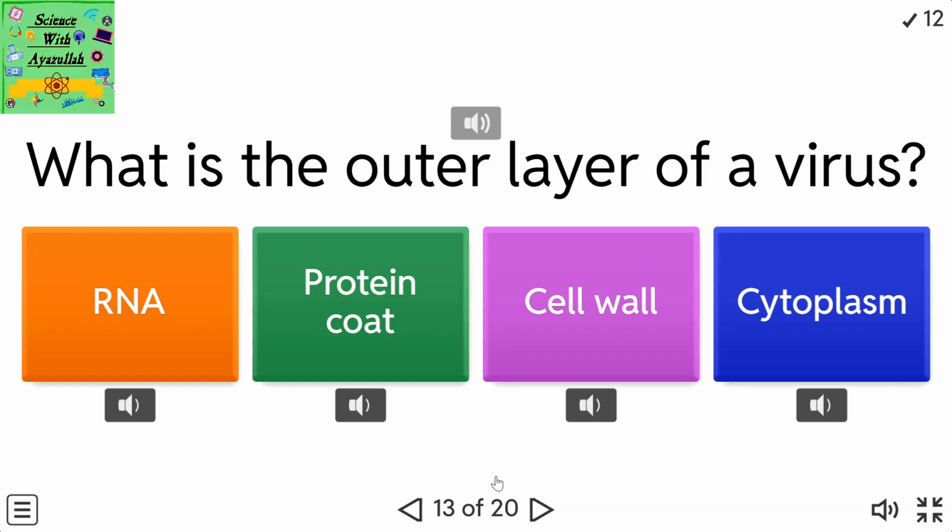What is the outer layer of a virus? RNA. Protein coat. Cell wall.